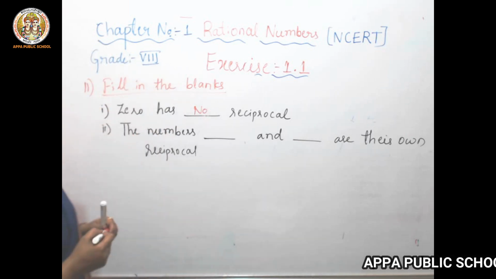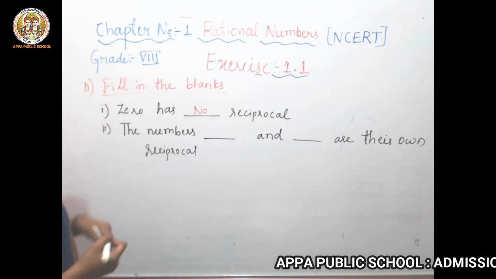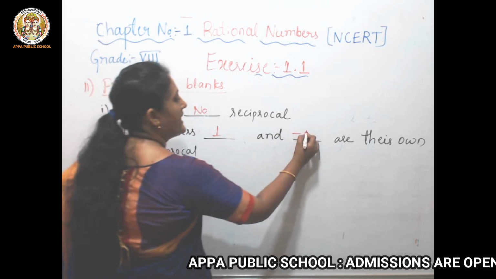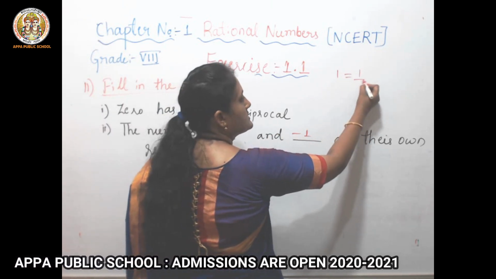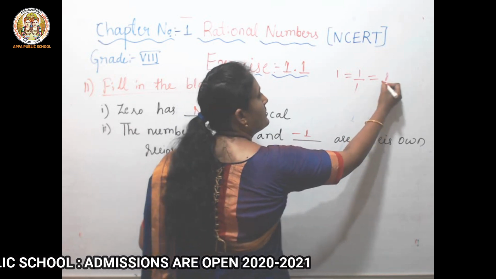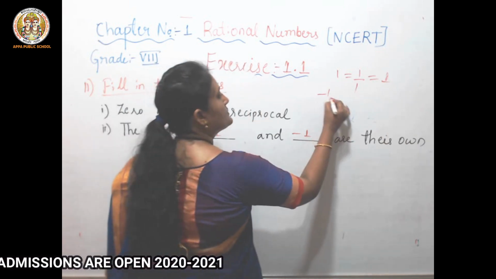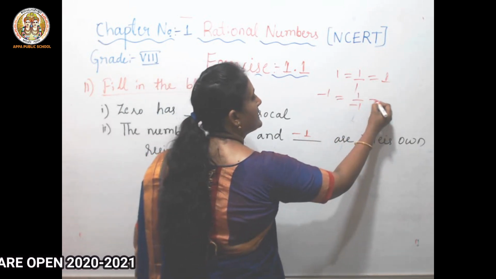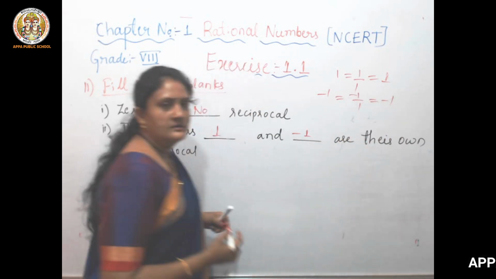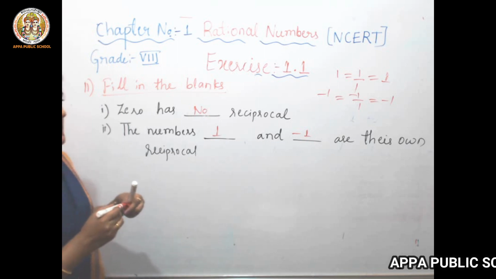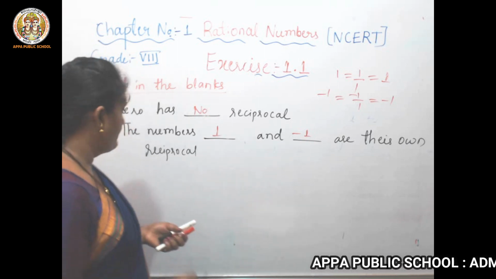The numbers are 1 and minus 1. See, 1, how can we write the reciprocal of this? 1 by 1, that is 1 only, isn't it? Minus 1, how can we write? 1 by minus 1, that is minus 1 only, isn't it? So 1 and minus 1 are their own reciprocal.